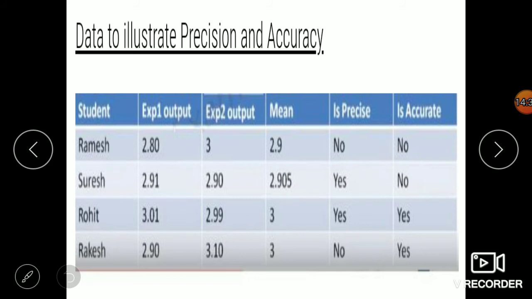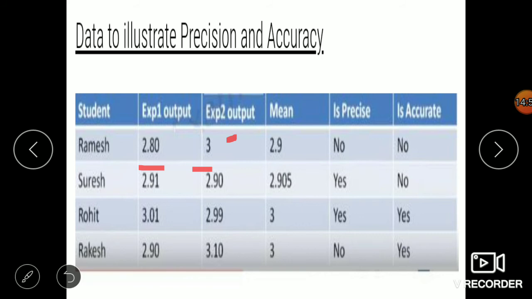These values are not the same, 2.83, 2.9, so it is not precise. One more thing to tell you, here the real value is 3. Now one value is close but two values are not close to the real value, so it is not accurate.